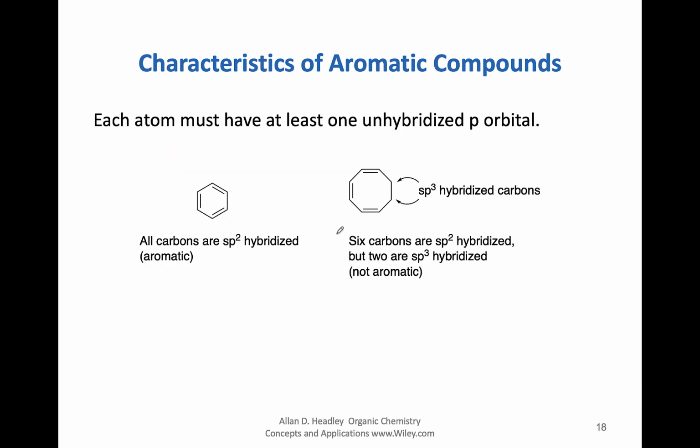Let's go on. Each atom must have at least one unhybridized p orbital. So we know these are all p orbitals bonded here because it's sp2, so that meets it. But over here, however, this is cyclic, has conjugation, because double, single, double, single, double. But over here, these carbons are sp3, which means that they do not have a vacant, unhybridized p orbital.